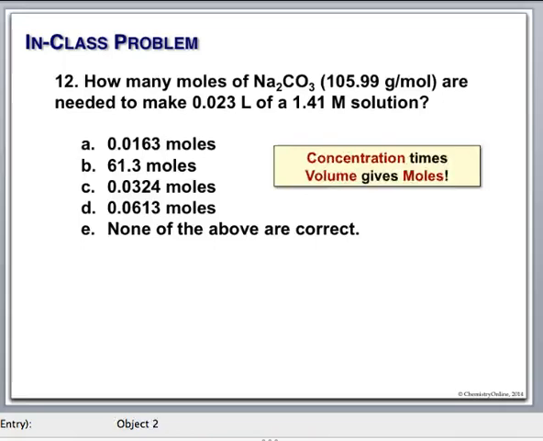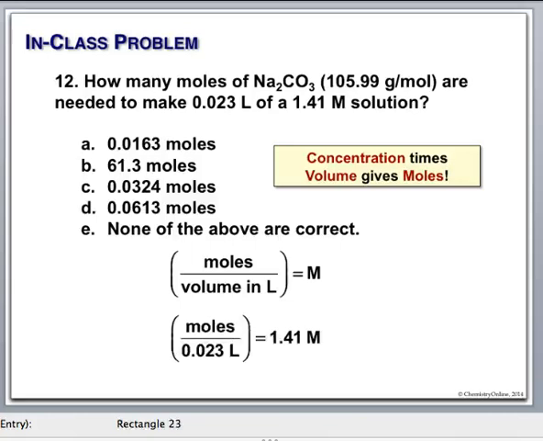All right, here we have a concentration, here we have a volume. That will tell us how many moles, won't it? Another way to think about it, just remember, moles divided by liters is molarity. Now here, we know molarity, we know volume in liters. Only thing we don't know is our moles.